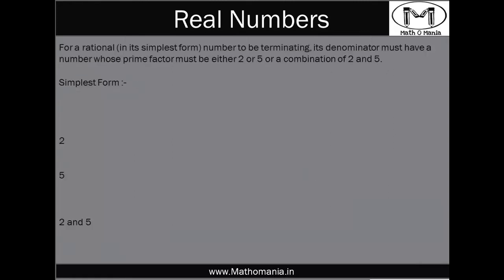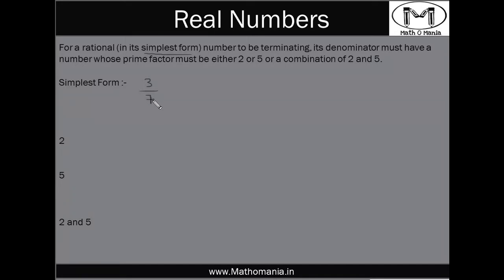For that, we need to understand certain things. For any rational number to be terminating, its denominator must have a prime factor that is either 2 or 5 or a combination of 2 and 5 only, right? So first of all, let us understand what is the simplest form. Suppose we are given a number 3 by 7.